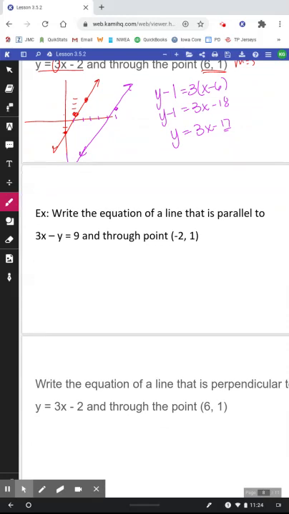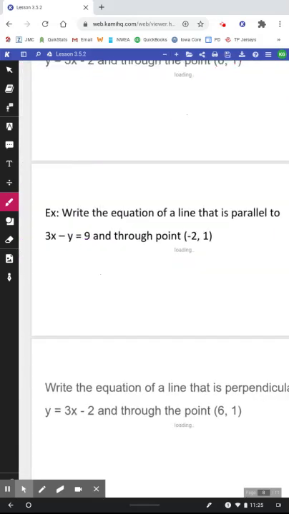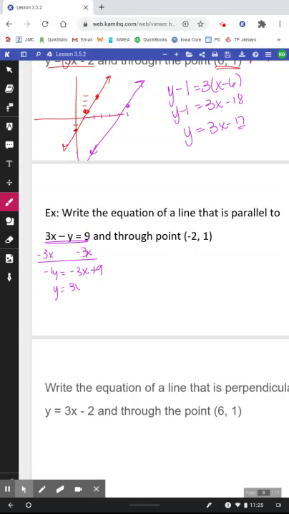Another example here. In this problem, we do not have our slope because it's not in slope form. So before I can even start, I have to subtract 3x from both sides. So that gives me -1y equals -3x plus 9. Divide everything by -1, which gives me y equals positive 3x minus 9. So the slope of my original line is 3. I want a parallel line, so I'm going to keep the slope as 3.